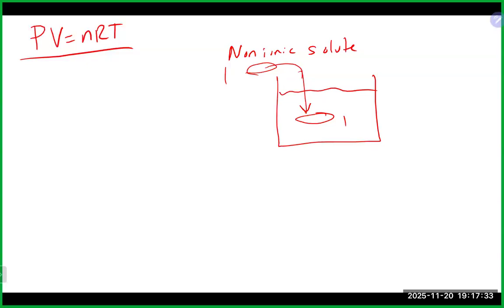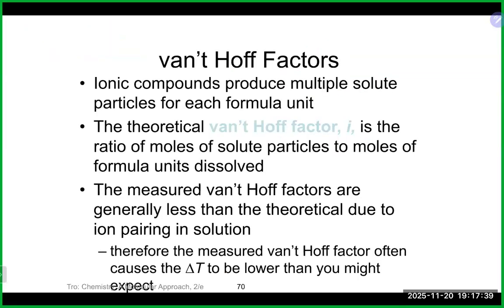And that is not the case when you actually have something that is ionic. When you put something ionic in there, you actually get more particles in the solution, which is a big effect on the colligative properties since, as I mentioned before, they're all based on how many particles and ions are floating around in the solution.